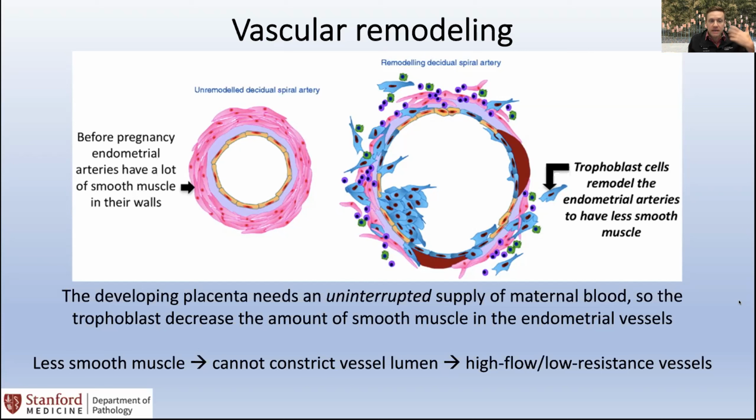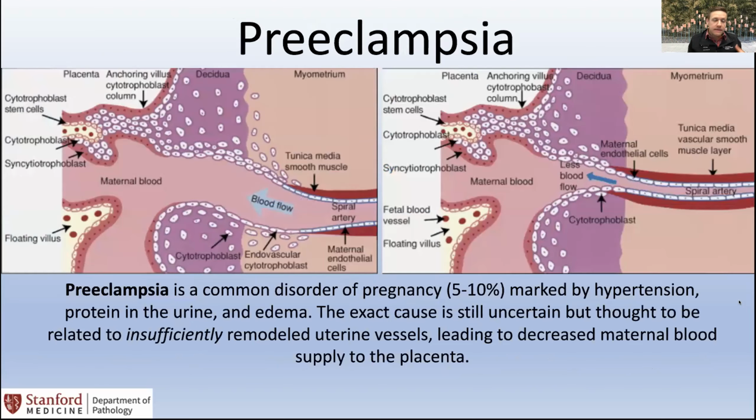So what the trophoblasts are doing is trying to degrade and remodel these vessels so that they could be constantly flowing. And you're very familiar with preeclampsia, which is very well understood in terms of clinical significance. But one of the things that we're trying to explain is, like, what's the true etiology? Where is this all coming from?